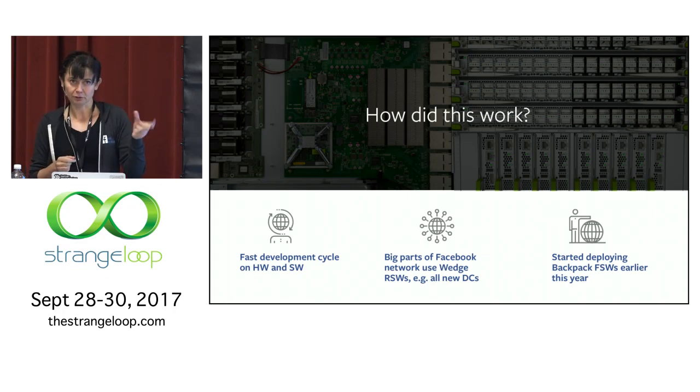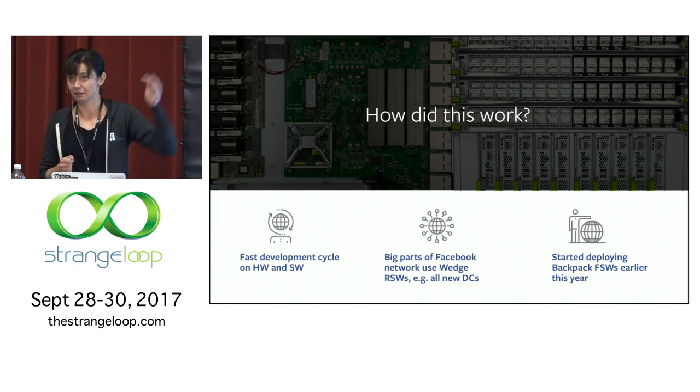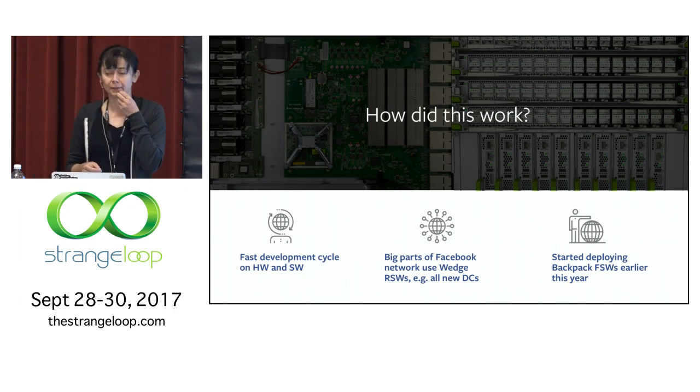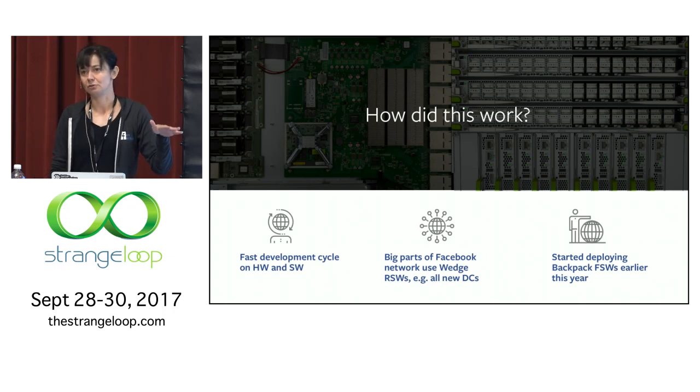We started from the lowest level in the network topology, the top of the rack switch, because those were actually the easiest. The requirements, as they change, are easiest on that bottom layer. And today, big parts of our network on top of the rack switches use these switches. We call them wedges. For example, all the new data centers have them. We didn't replace the existing ones. We wait until there's time for decommissioning and then replace them.